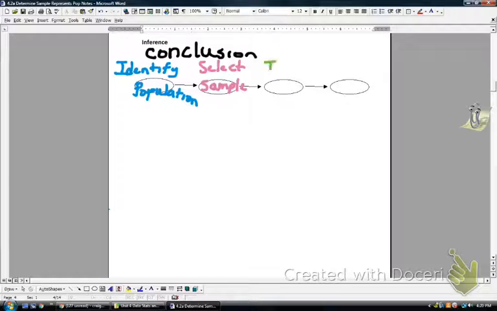Then we're going to interpret the data from the sample. So in that bubble goes the word interpret. And then from there, we are going to make an inference about the population.